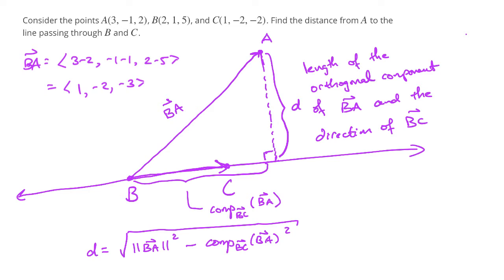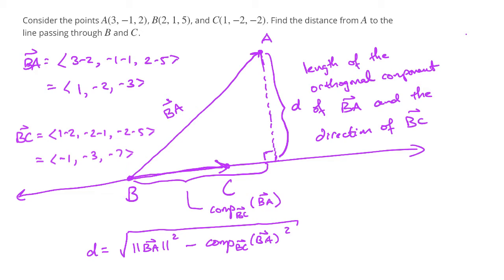For our vector BC, we have, again, ending point minus beginning point. We have 1 minus 2, negative 2 minus 1, and negative 2 minus 5. And so that's going to give us negative 1, negative 3, and negative 7.